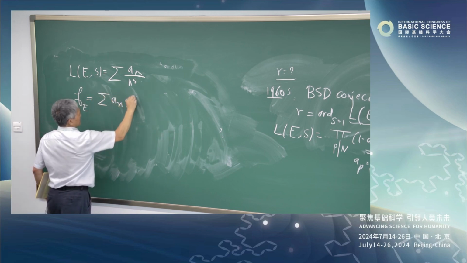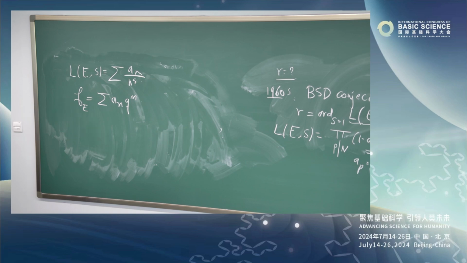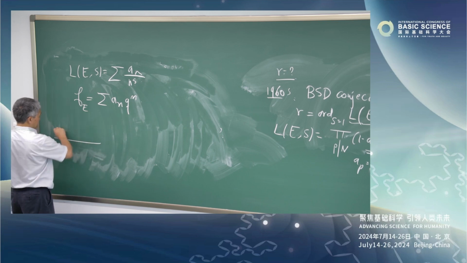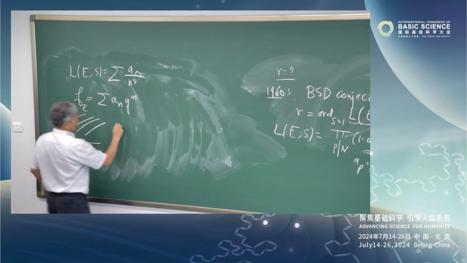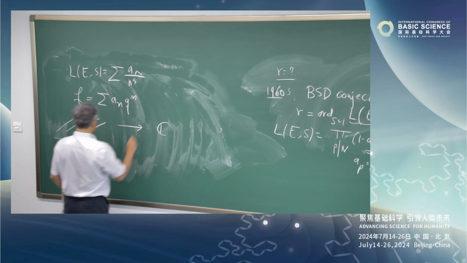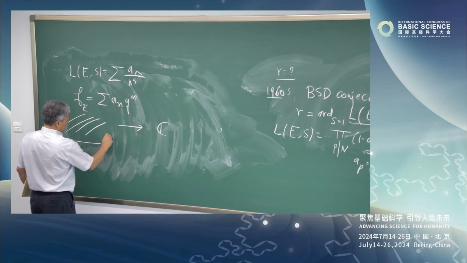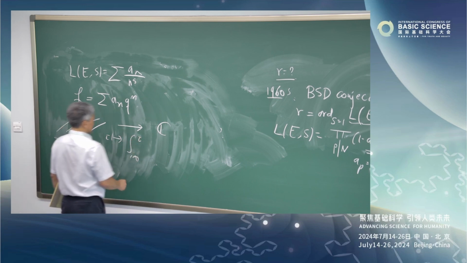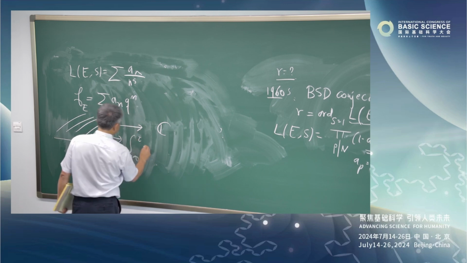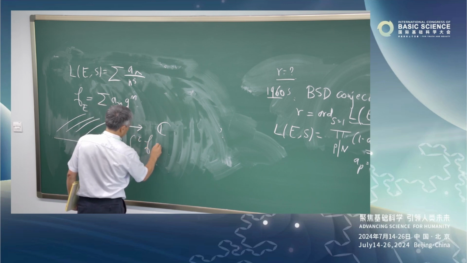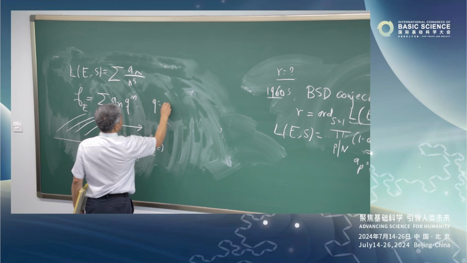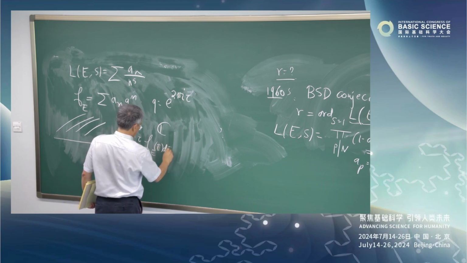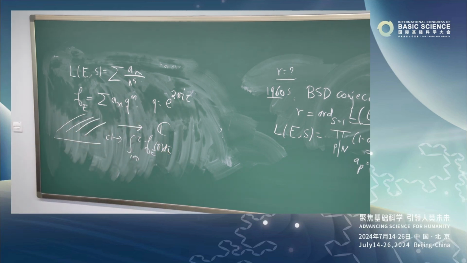And then from this you can make an integration to C. Just make an integration, tau going from i infinity to tau, of this form, with q equals e to the 2 pi i tau.